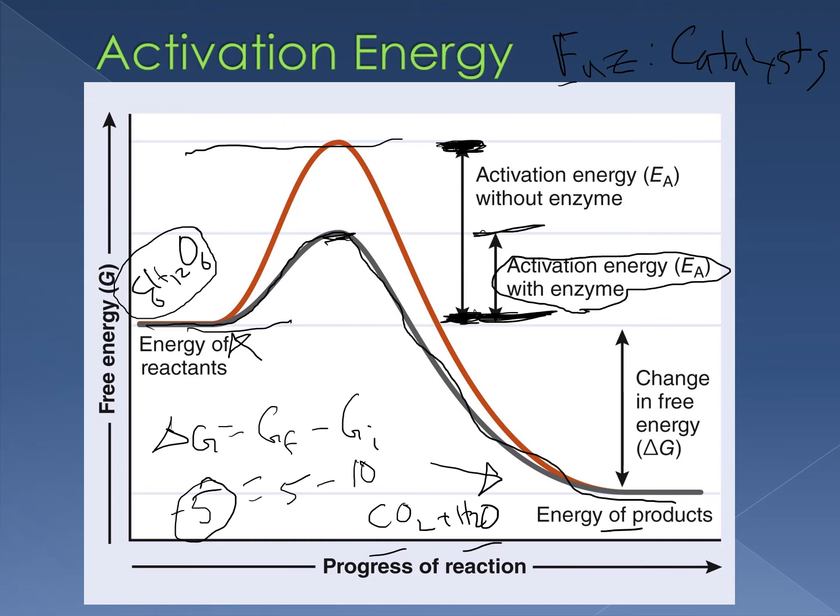So it will proceed at a lower temperature. It will also proceed more rapidly. So what we know about enzymes so far is they lower activation energy. I said they are catalysts. They also speed up reactions.